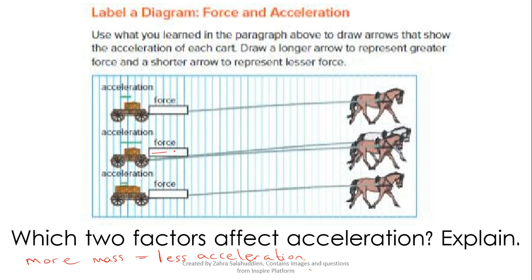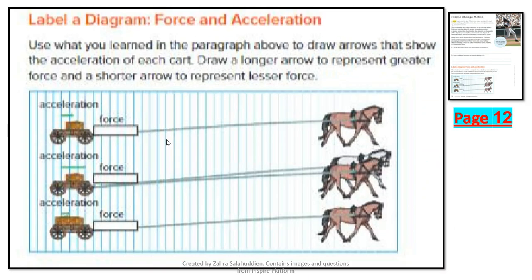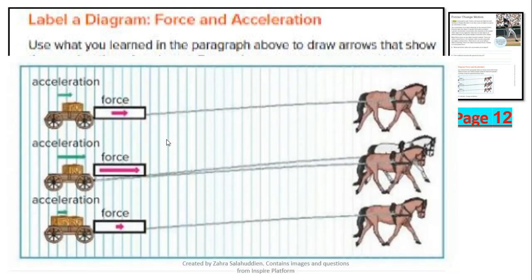Okay, so remember the two horses, biggest arrow. Two boxes, smallest arrow. The one with only one box and one horse will be the middle arrow. And the two factors that affect it are force, and you can use the word mass or weight.